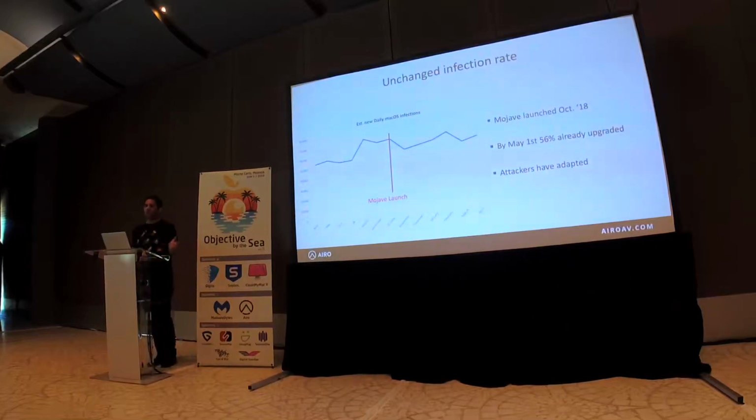That means the transition to Mojave is basically done. So the bottom line is that it seems attackers have adapted. The change to the new OS may have changed their behavior a little, but not their infection rate. So there is basically no big change here.